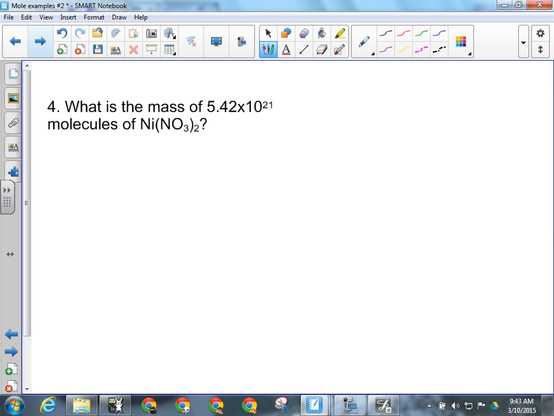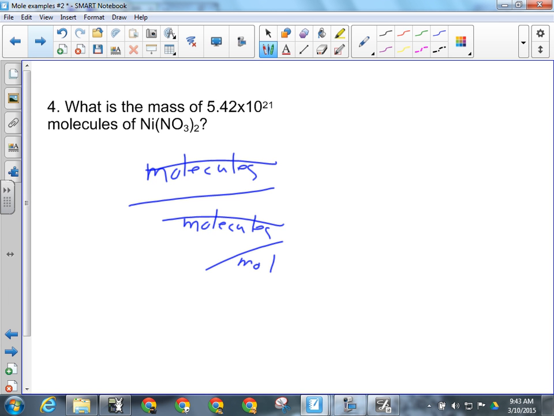Divide, right? I want to divide the number of molecules by molecules per mole, because the molecules will cancel and I'm left with moles. Avogadro's number is the number of molecules in a mole.